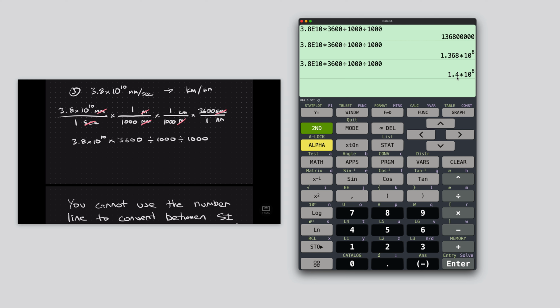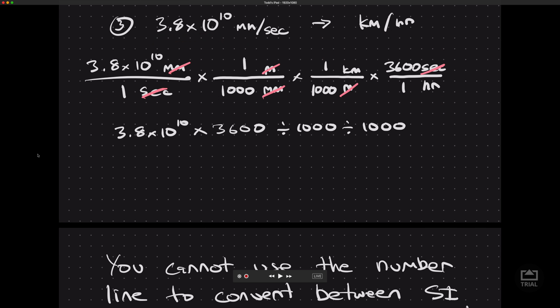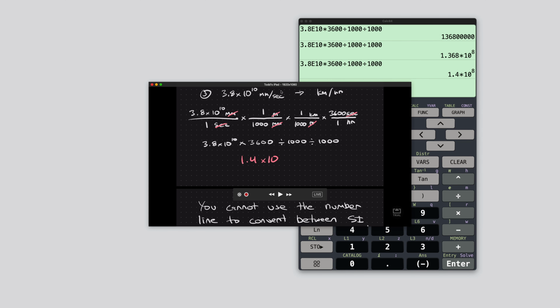So if I was expressing this with 1 decimal place, my answer would be 1.4 times 10 to the 8. And what are the units? Well, kilometers per hour.